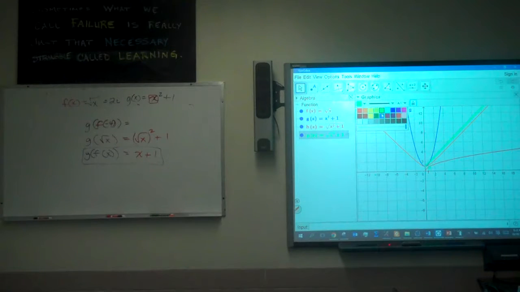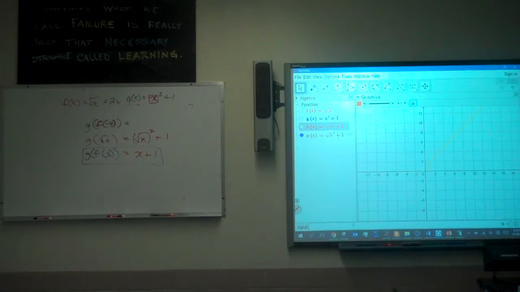Let's see here. That better? All right. So we get that yellow line. Okay, still looks a lot better on my computer. But you notice that yellow line, if I get rid of the other ones, is a portion of x plus 1. Okay, right? Does that make sense?